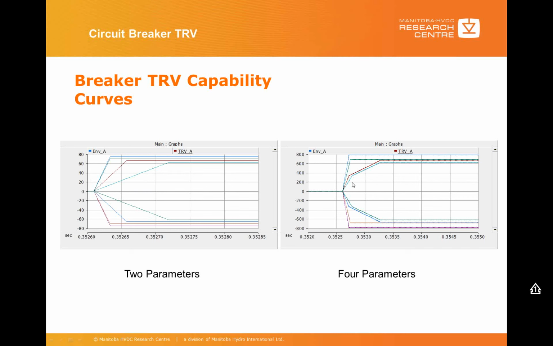Above 100, there are 4-parameter capability curves. 2-parameter means that by defining the voltage here and the time in microseconds, you can define this curve or this envelope. But for this particular envelope, you need 2 points to define this, basically 4 parameters, X and Y parameters.